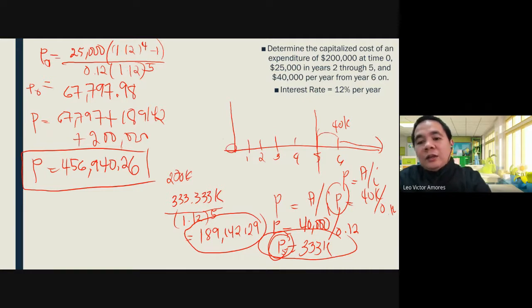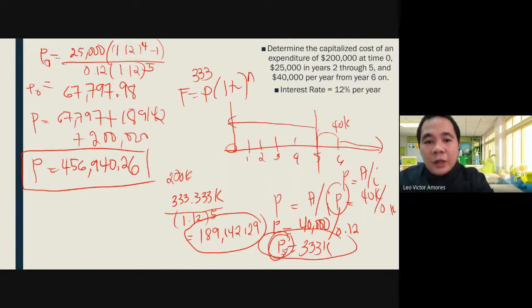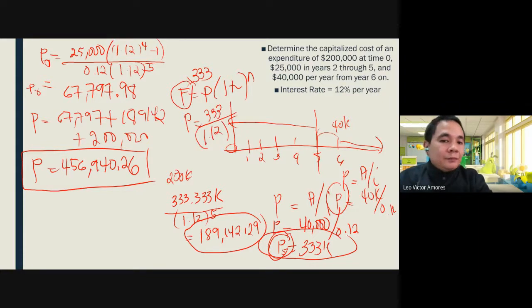So this 333 is not yet the value at year 0. Since F is equal to P times (1 plus I) to the exponent of n, and your P is equal to 333, P is 333 divided by 1.12 to the exponent 5. That is your present value of this series of perpetuity payments.